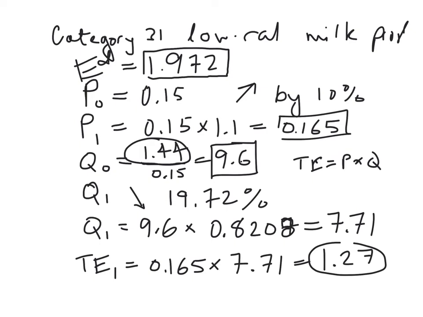Remember that expenditures or revenues are price times quantity. Price is going up, quantity is going down. The effect on expenditures and revenues is ambiguous unless we know something about the price elasticity of demand. If demand is price elastic, it means the quantity effect is proportionally bigger. So the revenue effect, price times quantity, is going to follow the quantity effect.